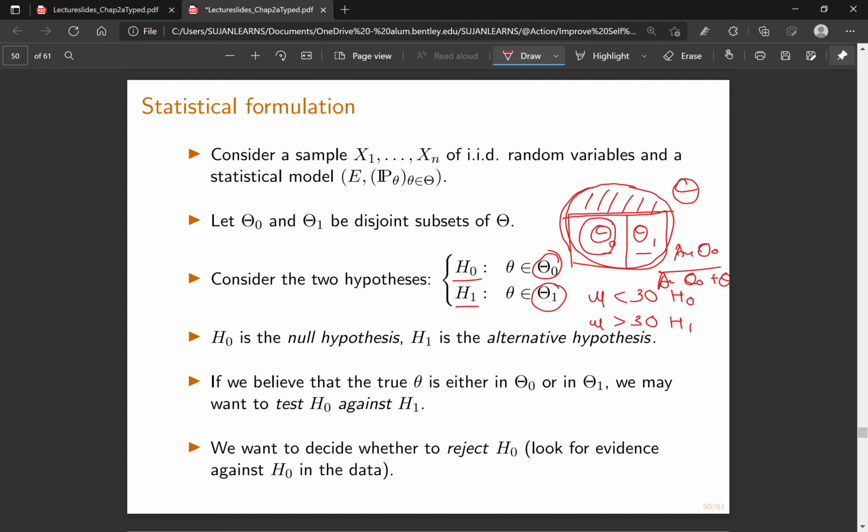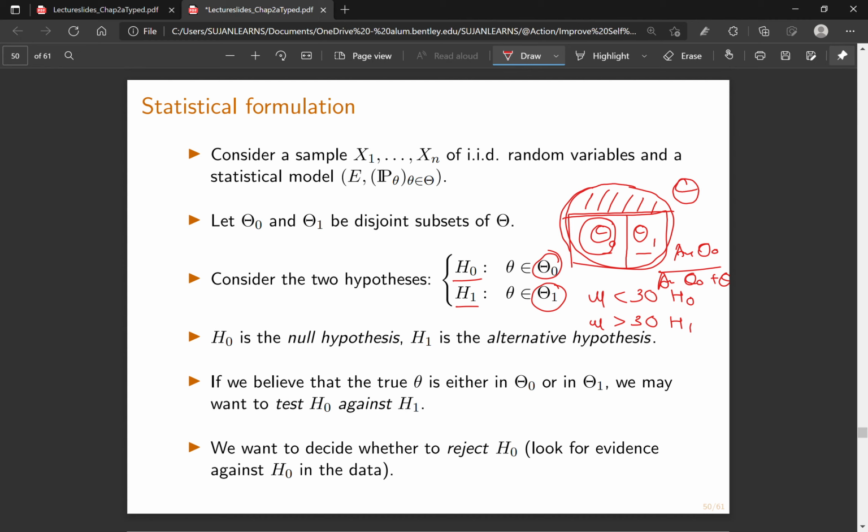Theta can be further subdivided into theta naught and theta 1. The next step is to create two hypotheses, H naught and H1, which are called the null hypothesis and alternative hypothesis respectively.